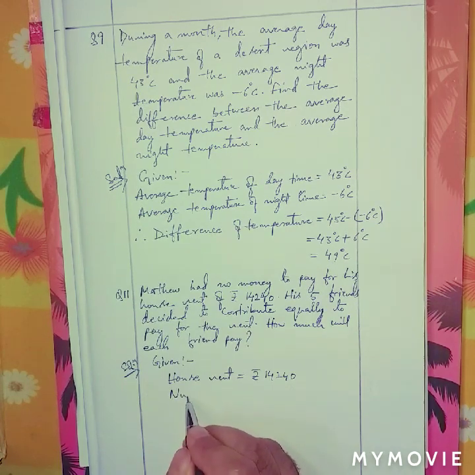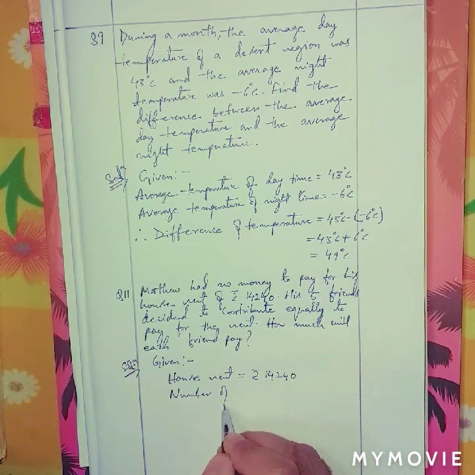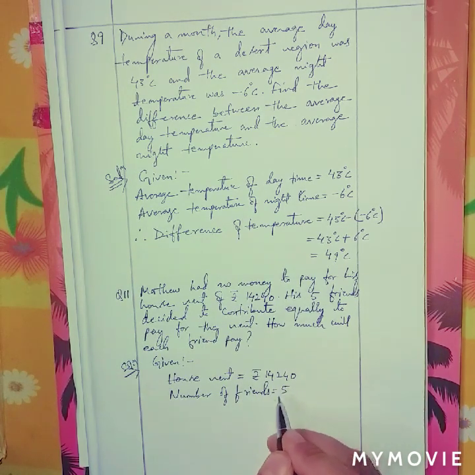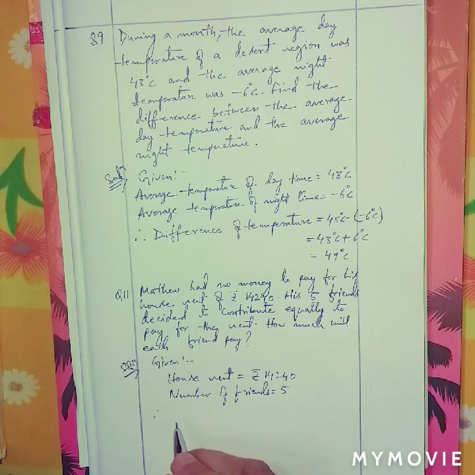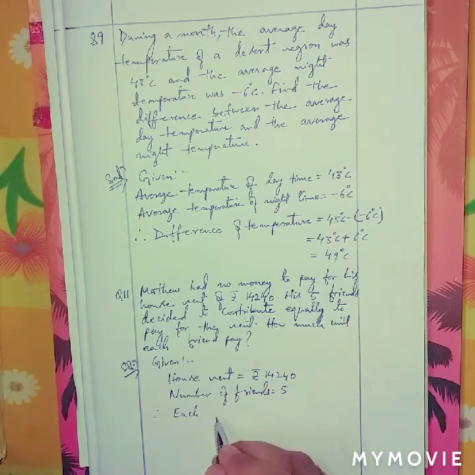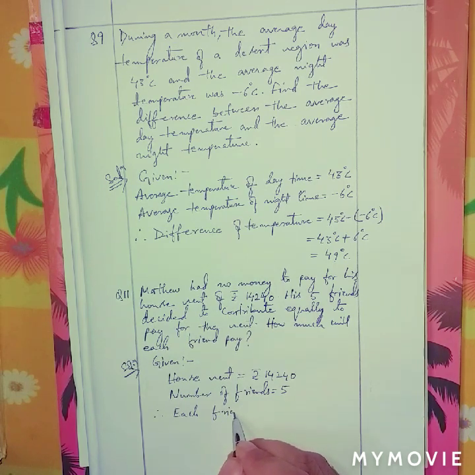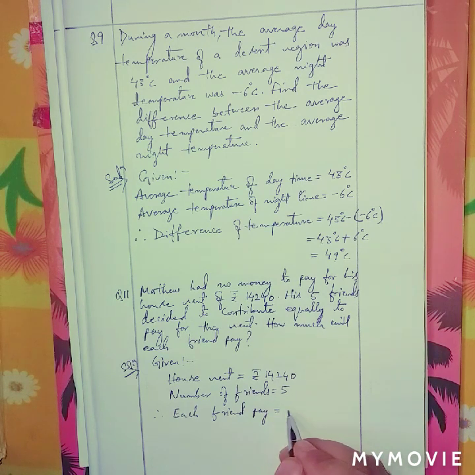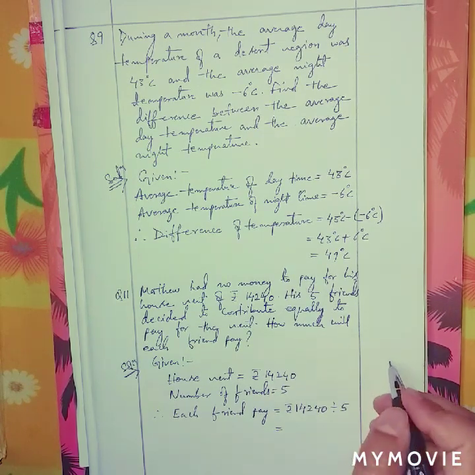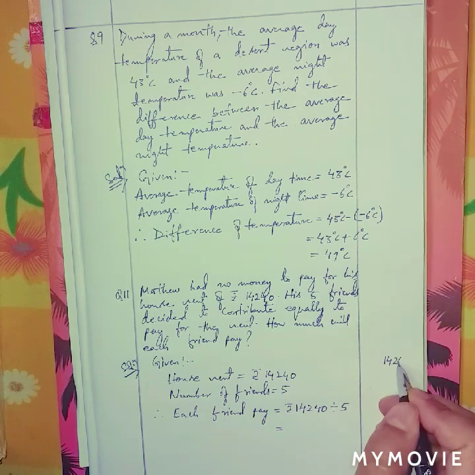Number of friends is equal to 5. So our logic is that if we divide it, then we are going to get an equal amount, yes or no? So we have to divide this figure by 5. You can do the division work in the rough.